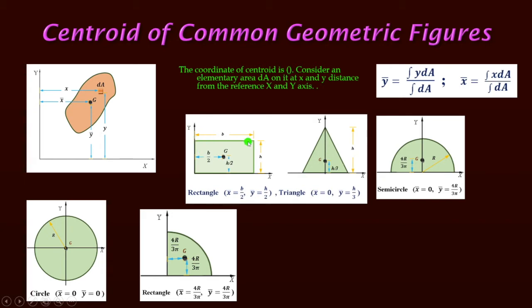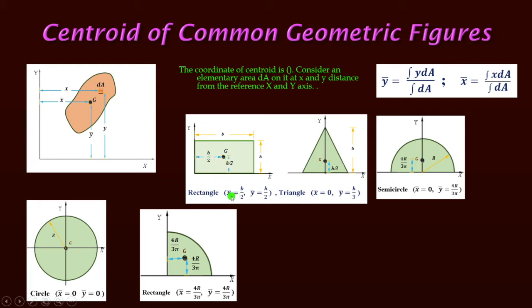Say it is a rectangular section, and the positions of the y and x axes are along this. We know the centroid of this rectangle is at the middle, or at the intersection of the diagonals. If the dimensions of the rectangle are h and b, then this distance is b by 2 and this is h by 2.